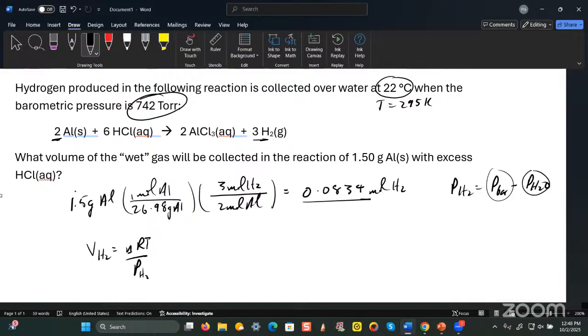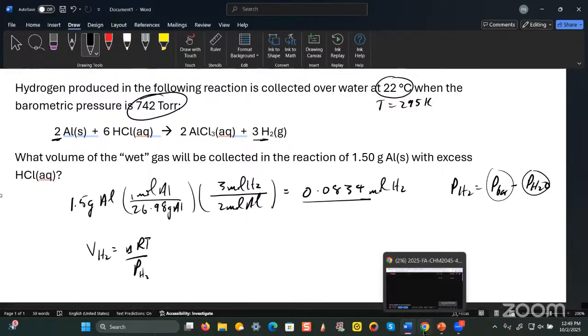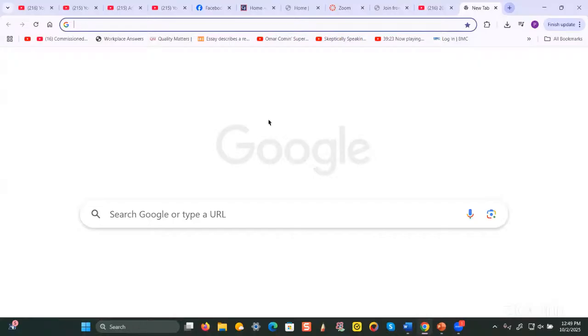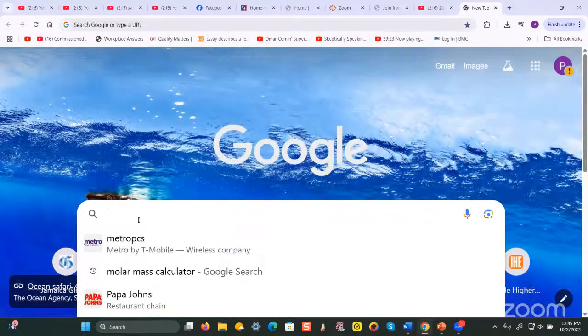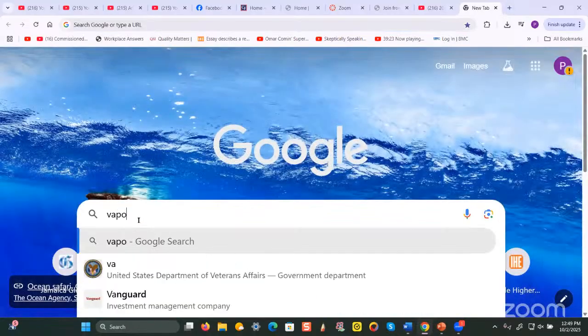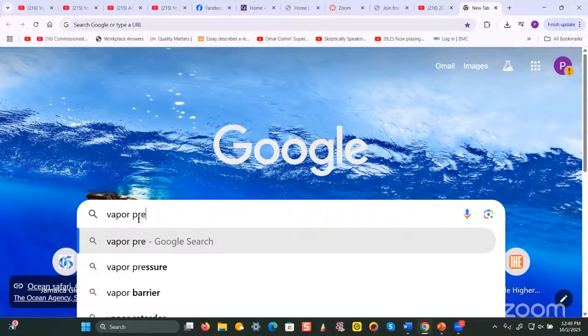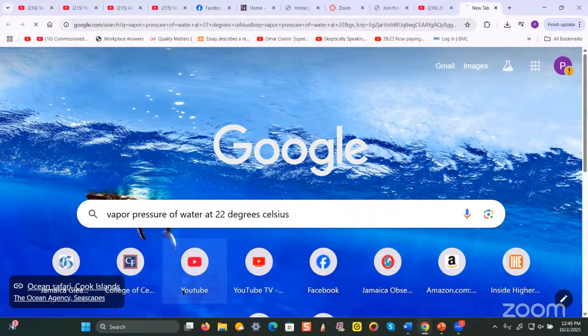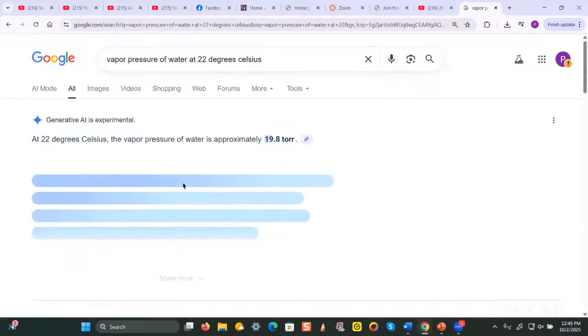What I'm going to do right now is look up the vapor pressure of water at 22 degrees Celsius. And let's see what this says.